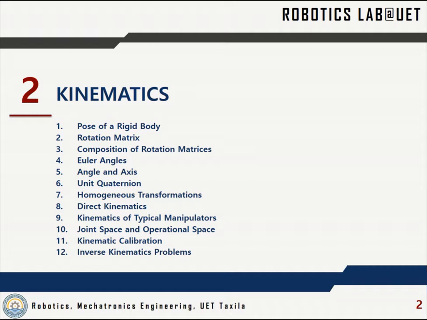Therefore, in order to manipulate an object in space, it is necessary to describe the end effector position and orientation. So, in this study, we will study the derivation of the direct kinematics equation through a systematic general approach based on linear algebra.